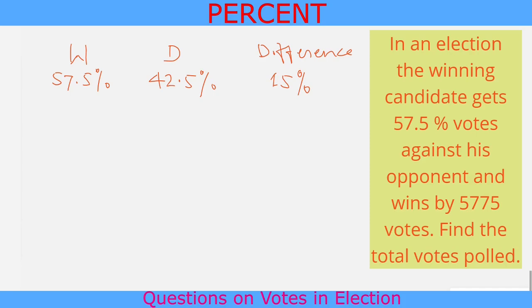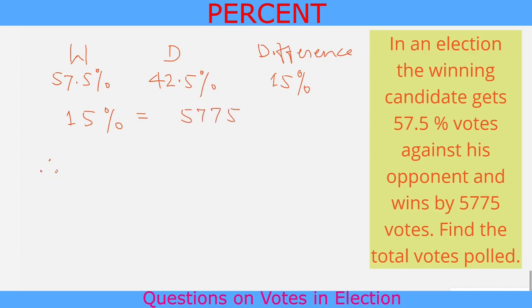So the difference between the two candidates is 15% votes, and it has been given that the winner wins by the margin of 5,775 votes. It means that 15% is equal to 5,775 votes.